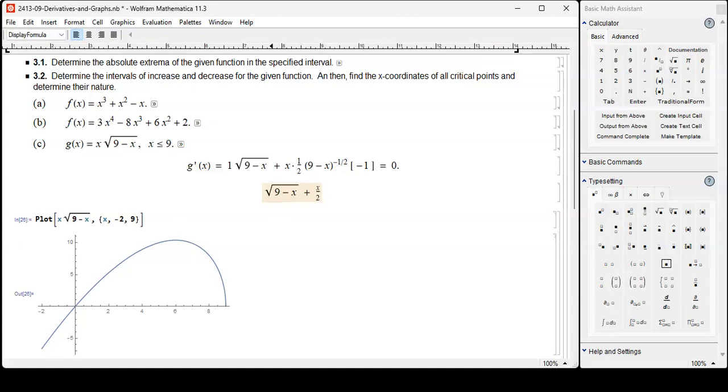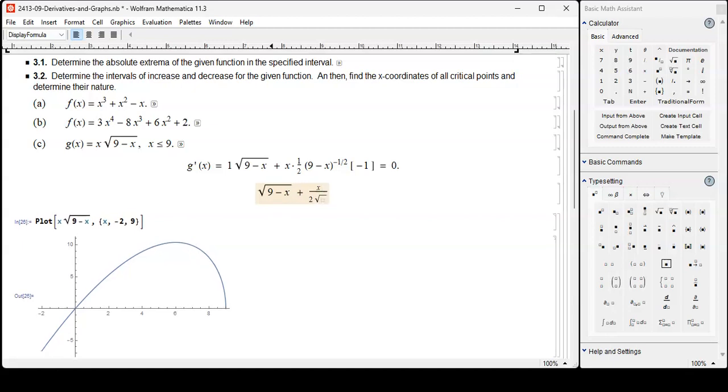Oh, sorry about that. Okay, 9 minus x in the denominator. We have negatives, so this should be negative. Okay, setting it equal to 0 was a bit challenging. How to solve this?